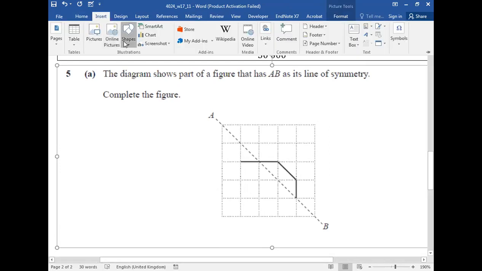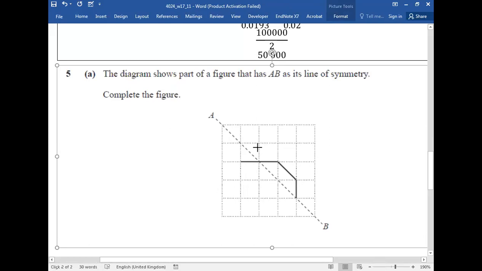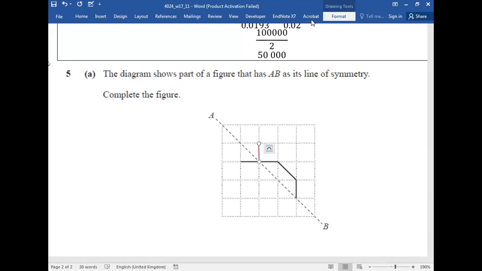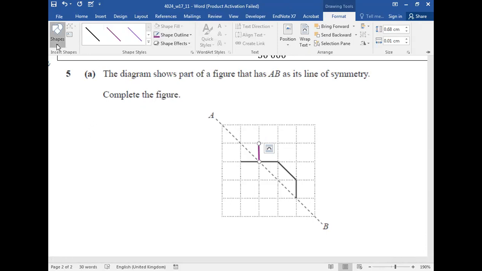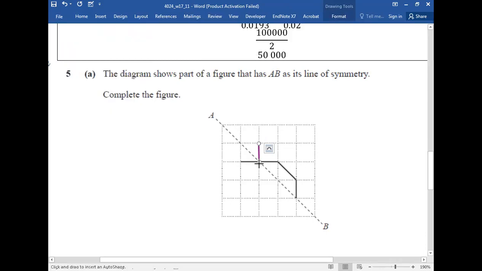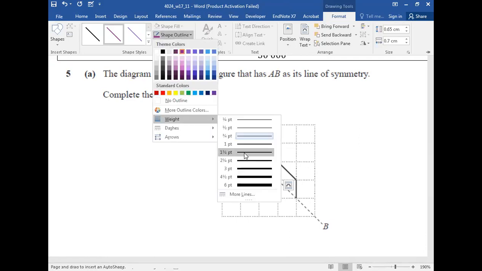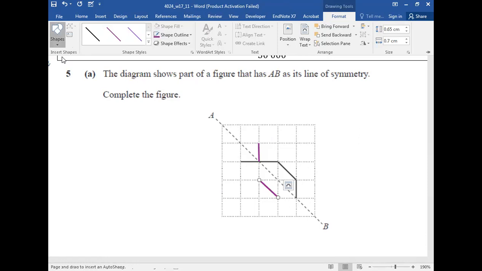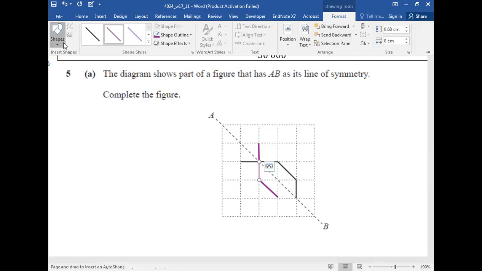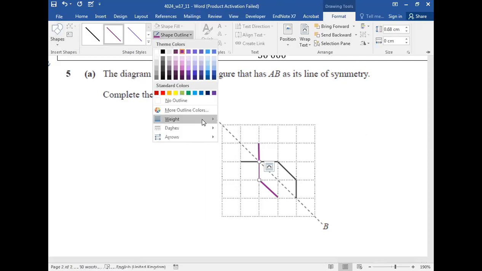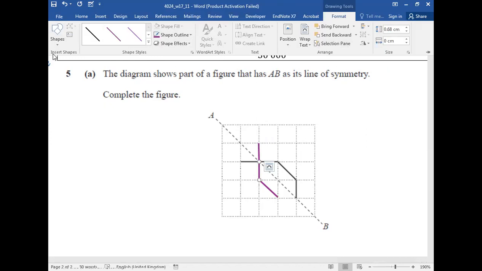The question says that this is a line of symmetry. Make this shape in your registers.